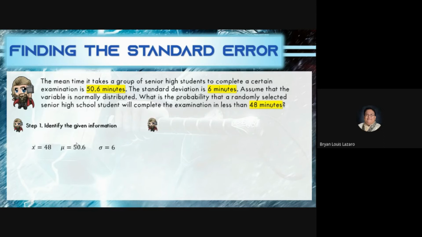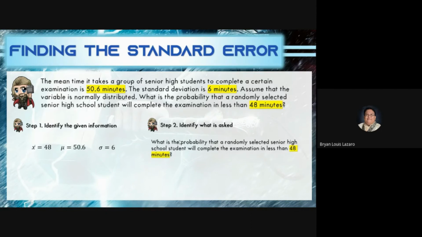Alright? So now, the next thing that you will do is to identify what is asked. Okay? Ano bang tinatanong sa atin? So the question that was posted is, what is the probability that a randomly selected senior high school student will complete the examination in less than 48 minutes?